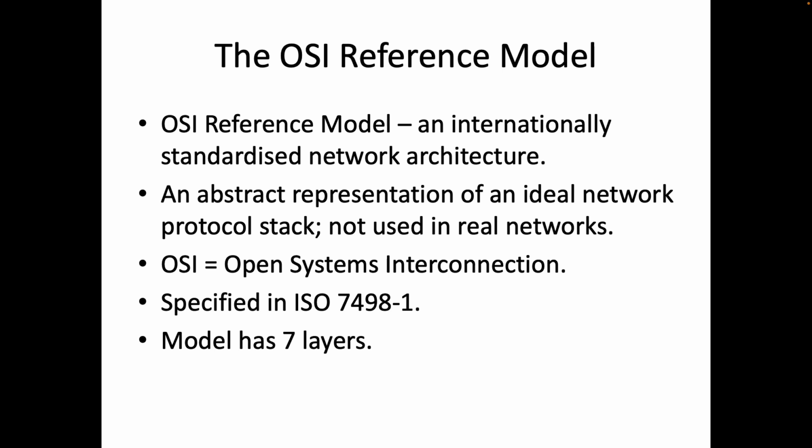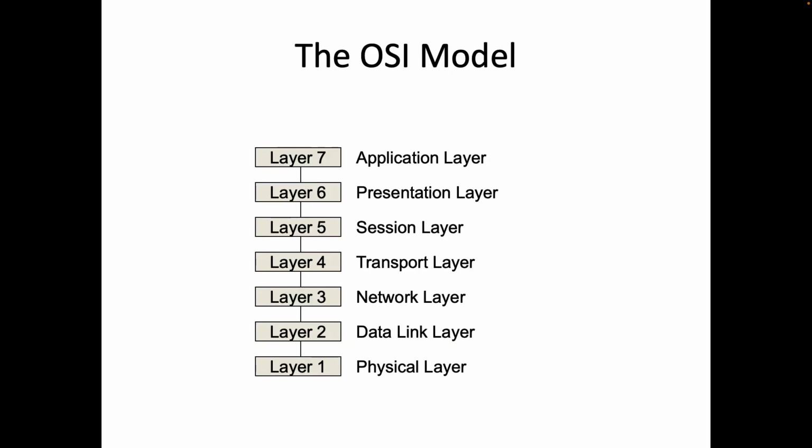And this model has 7 layers. And of course, this is an abstract model. The actual number of layers implemented in the current internet, there's a debate about it, but between 5 to 6 layers is a common reference. But according to OSI, these are the layers in place. So the physical layer, obviously, down to the wire, right? Basically, it's wireless or wire with a frequency.